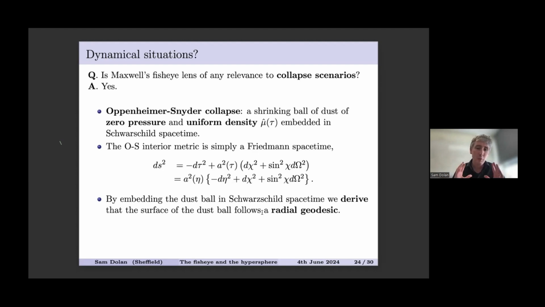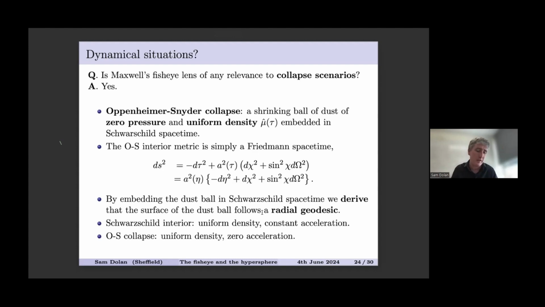So this is a well-known model that's clearly conformally related to a hypersphere, and so its lensing should resemble the Maxwell fisheye lens. So now we've got 2 cases. We've thought about the Schwarzschild interior with its uniform density and the constant acceleration of the surface. So there's some pressure that's resisting collapse.